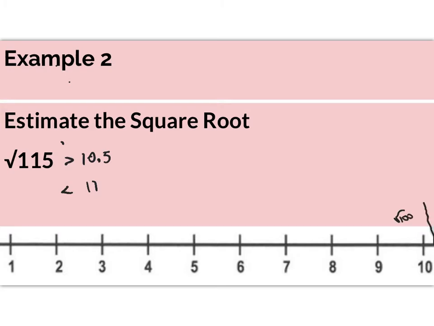So we don't have room. I should have made a bigger number line for us. The square root of 115 is bigger than 10.5, but smaller than 11, because the square root of 121 equals 11.